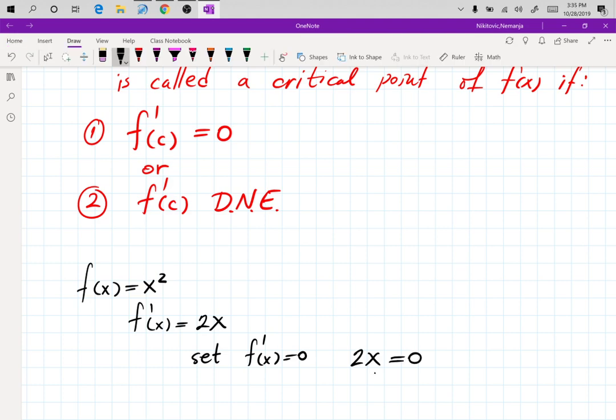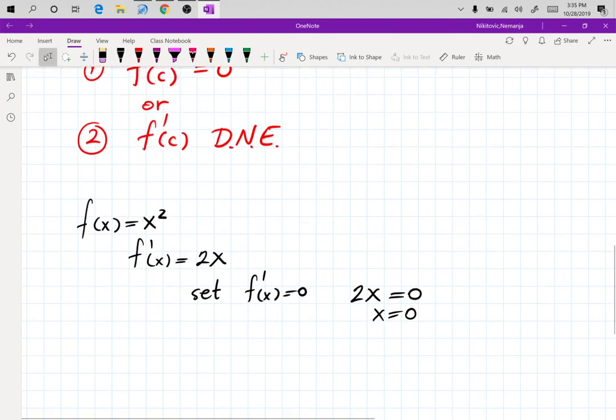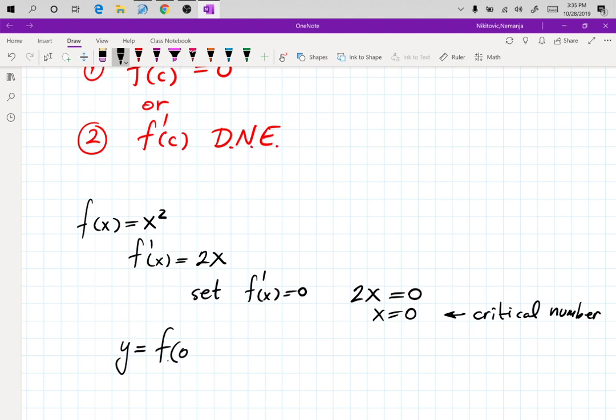When you solve that equation, divide both sides by 2, you get x equals 0. This is a critical number, not a critical point, because a point is x comma y, right? Now we find the y value for it, which is f of 0, which is 0 squared, which is 0. And now I have 0, 0, the critical point, because I have both coordinates.